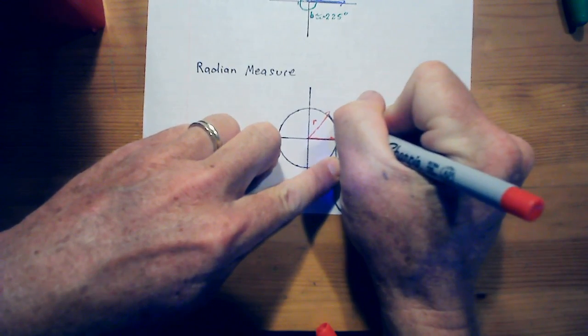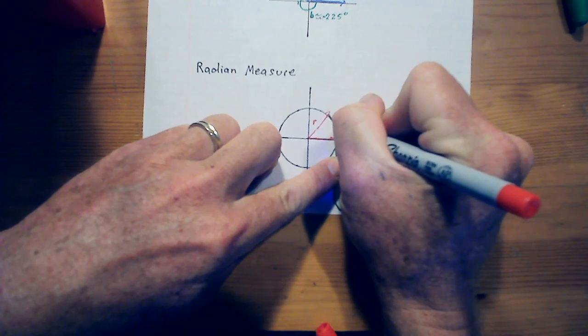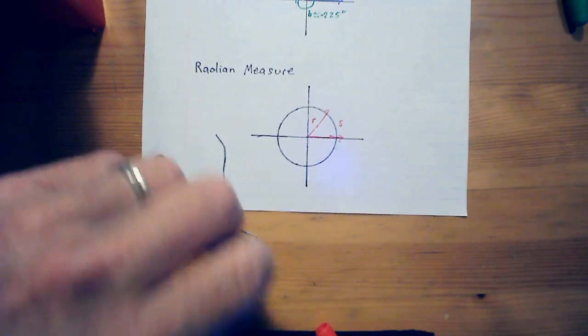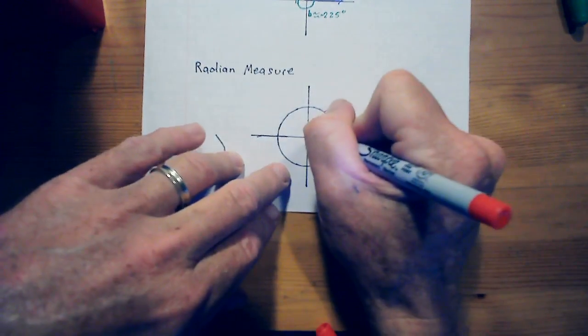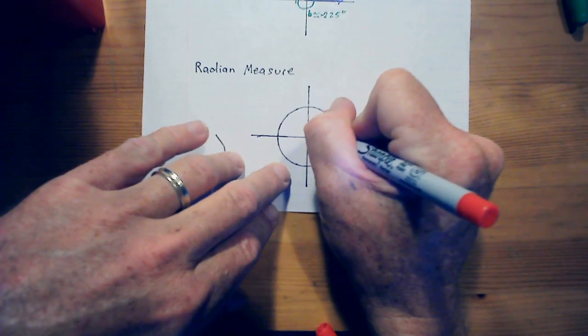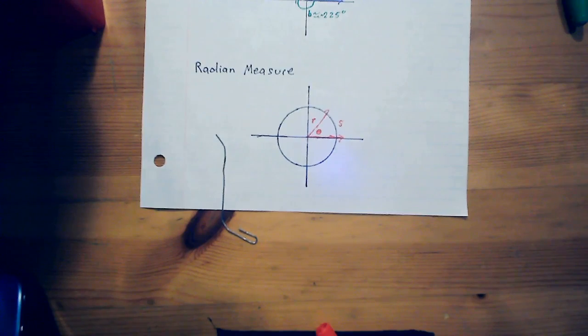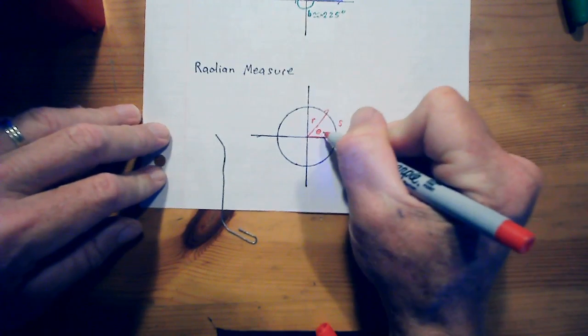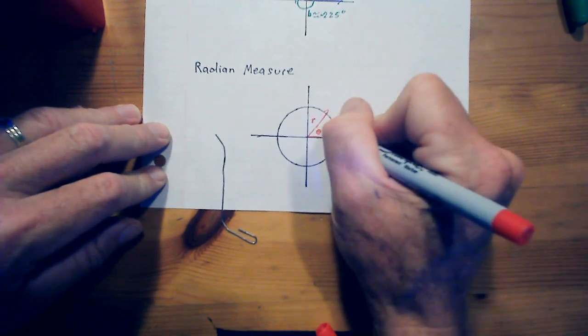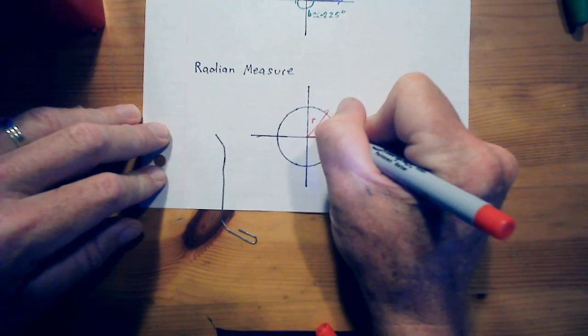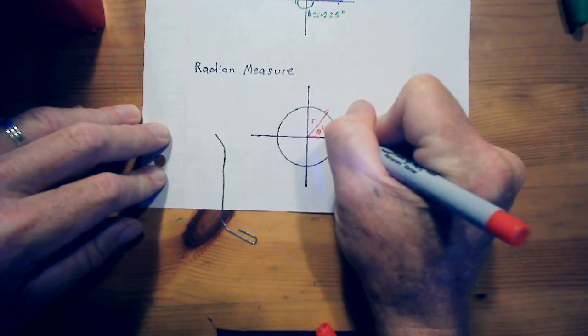This distance I'm going to call S. And this angle in here is angle theta. In this case, this angle theta is 1 radian.